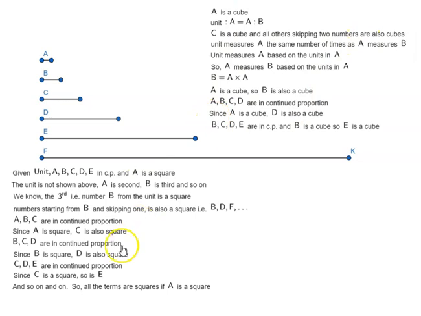So we have shown that given a continued proportion starting from a unit, if the second number is a square, then all the rest are squares. And if the second number in the continued proportion from the unit is a cube, then all the rest are also cubes. So that is proposition number 9 of book 9 of Euclid's Elements.